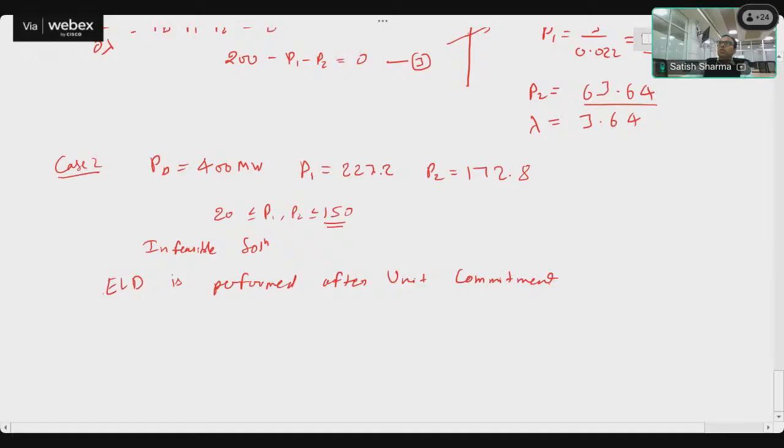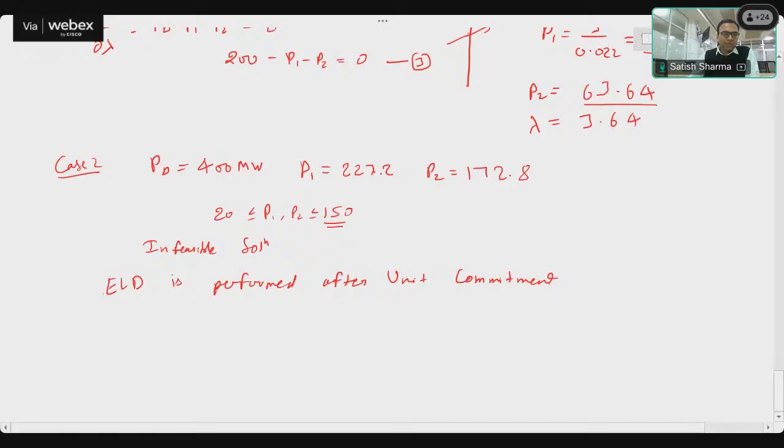First of all, if we are trying to operate our power system, we first commit certain units, and those units should be able to supply the demand. And if we don't have sufficient generation, then we have to curtail certain demand, load curtailment has to be done, and otherwise we will never get a solution of the economic load dispatch.